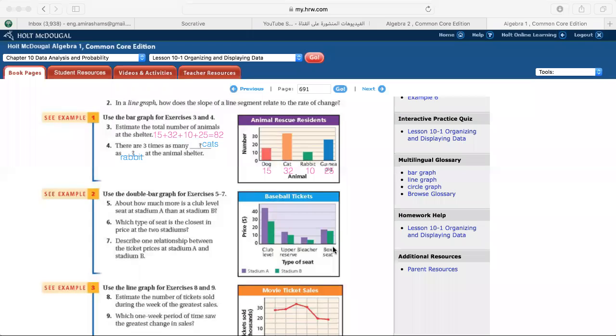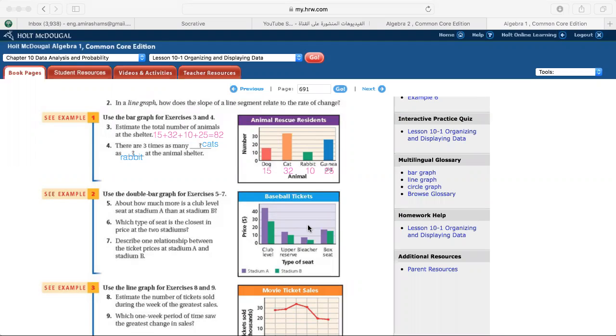Box seat in Stadium A is almost 20, so it is 18 or 19. And the box seat in Stadium B, if I go to the left, I will find it at 15 or 17. Okay, it's estimating 16, 17.